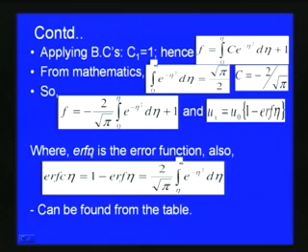Here erf eta is the error function, and we can also write erfc eta, the complementary error function, which is equal to 1 minus erf eta, that is equal to 2 by root pi times the integral from eta to infinity of e to the power minus eta square d eta. Now we can use some tables to get this error function and then we get the solution for the velocity.